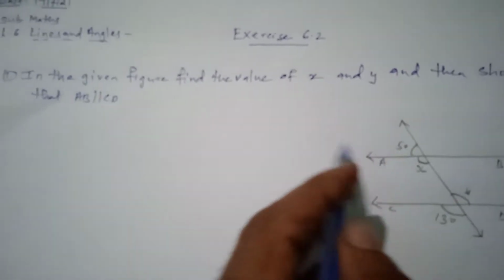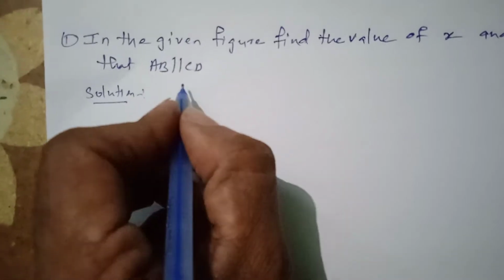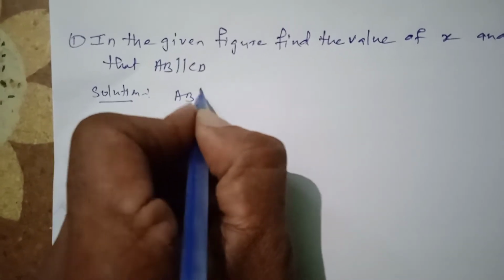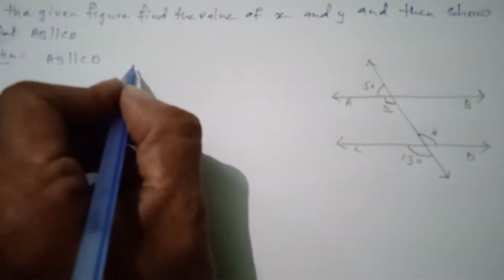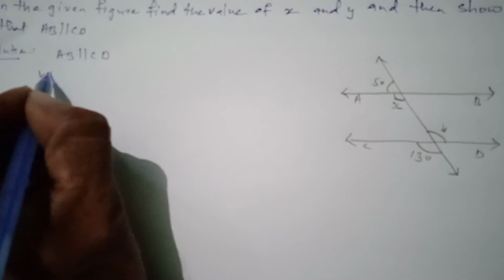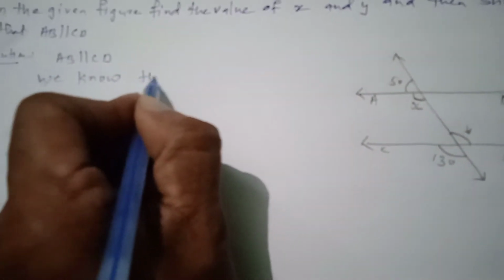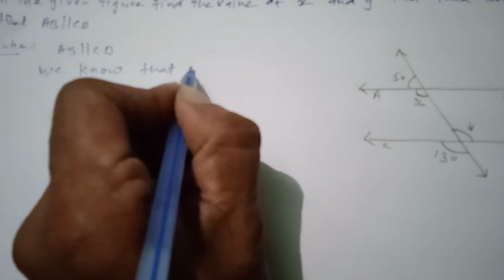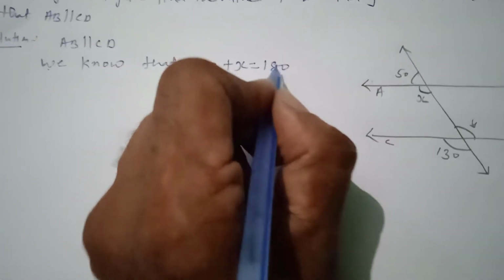Solution: if AB parallel to CD, we know that 50 plus x is equal to 180.